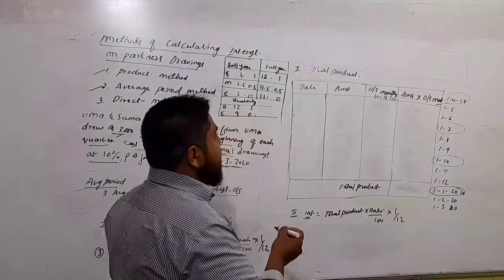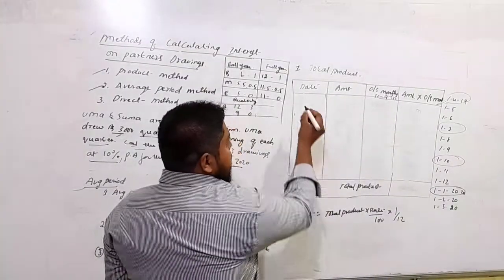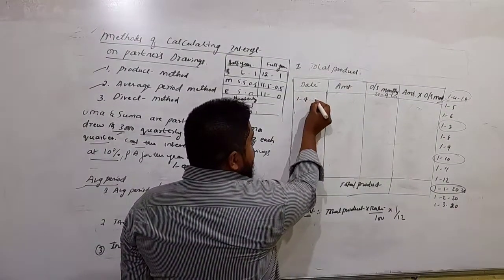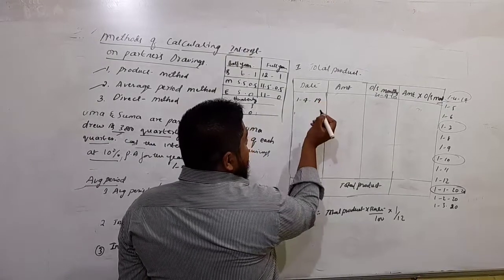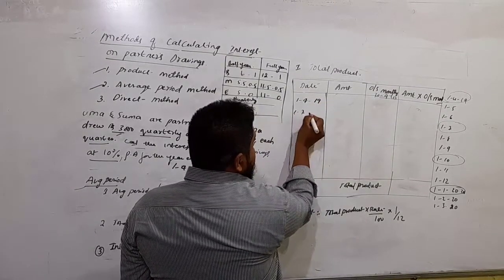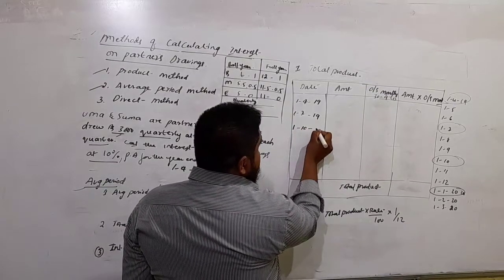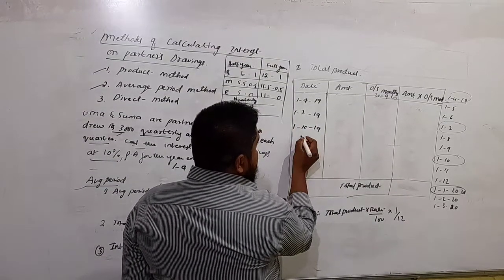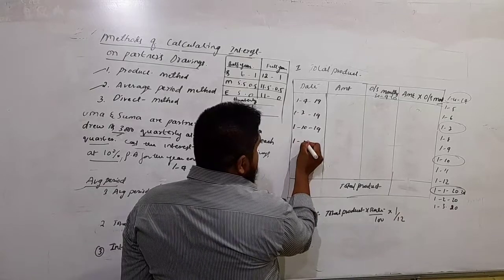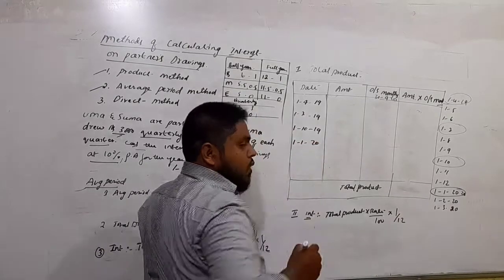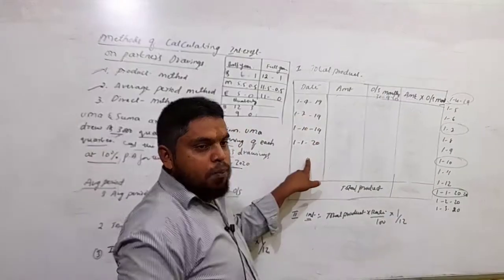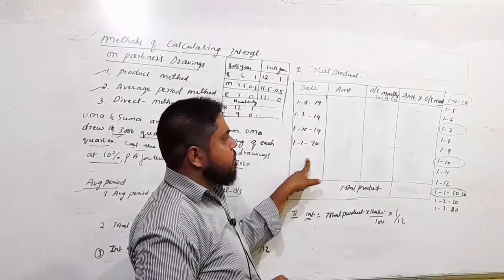Now, product method. So beginning of each quarter, first quarter 1/4/2019, next 1/7/2019, next 1/10/2019, and next 1/1/2020. So these dates we have to write, the beginning of each quarter.